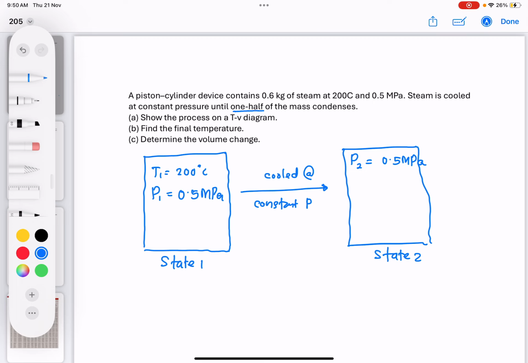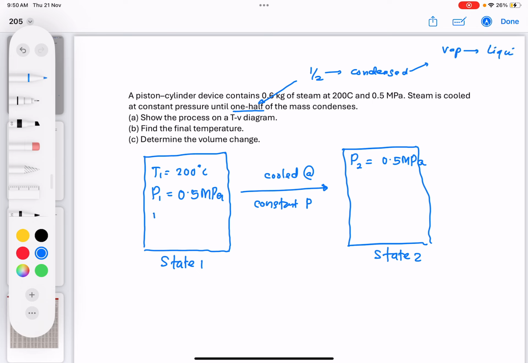This one is coming from a textbook from the US. They are using one half of the mass is condensed, meaning that half of the mass will be condensed. Condensed means it changes from vapor to liquid.